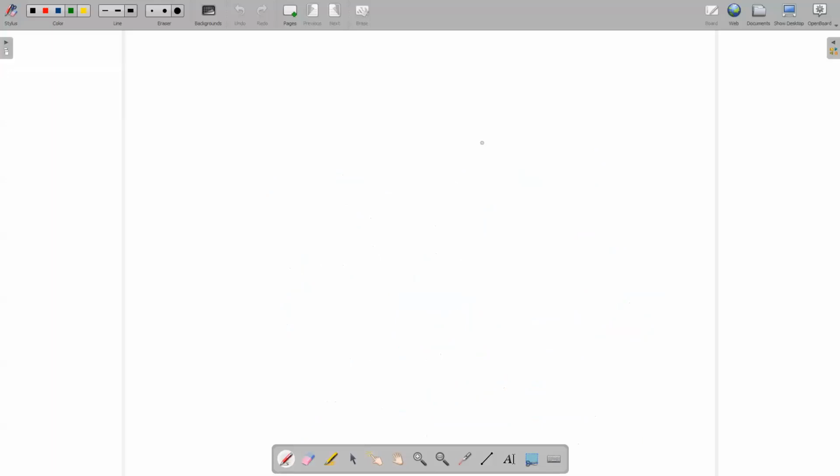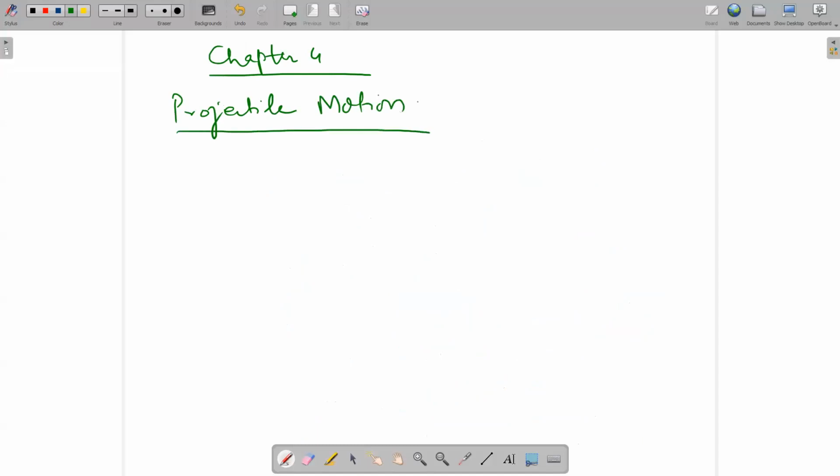Okay. So in projectile motion, this is our chapter number 4. The next article is projectile motion. Projectile motion is two-dimensional motion.